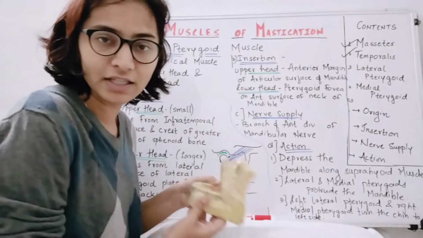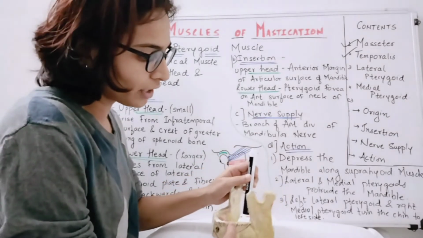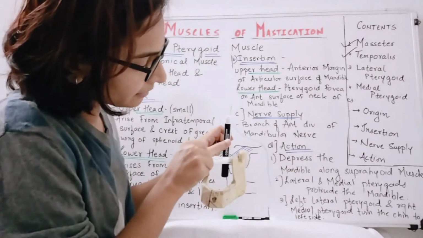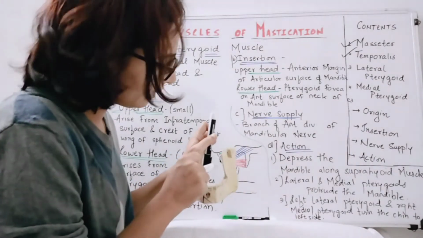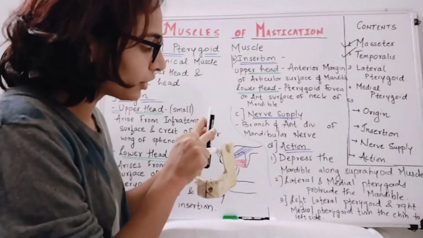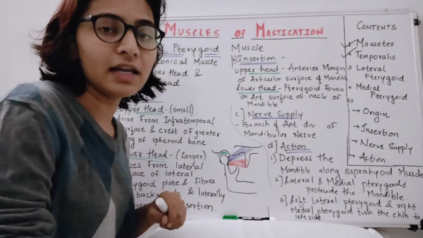For example, if this is my mandible and here is my lateral pterygoid plate, so this muscle is going to move laterally, right? This is the lateral surface of lateral pterygoid plate. So the muscle is going to move from lateral surface of lateral pterygoid plate to the condylar part. Okay, so now let's see the insertion part.